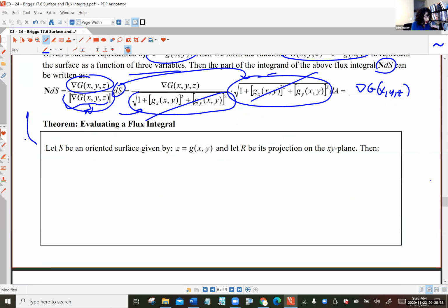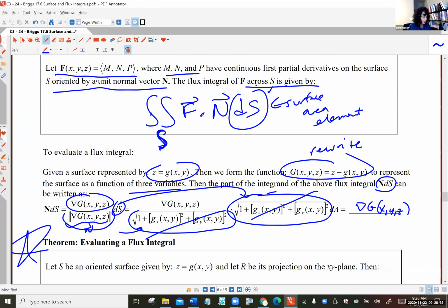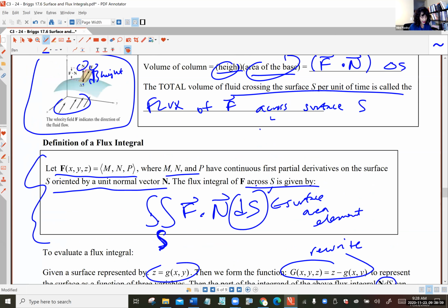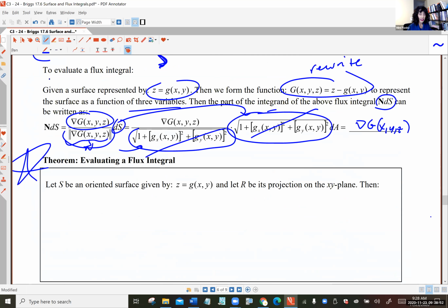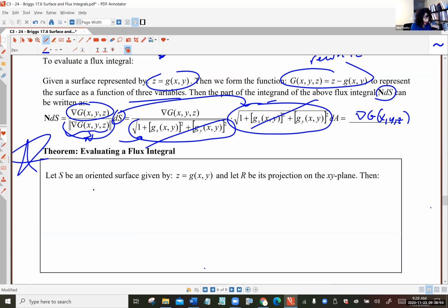So here's the theorem that tells you how you're going to evaluate that flux integral. This definition, even though it's the definition, doesn't tell you how to integrate it. Down here in the theorem are the helpful hints. If you're doing one of these surface integrals, you don't have to get the big radical because it ends up canceling.